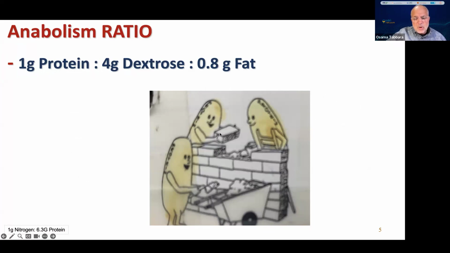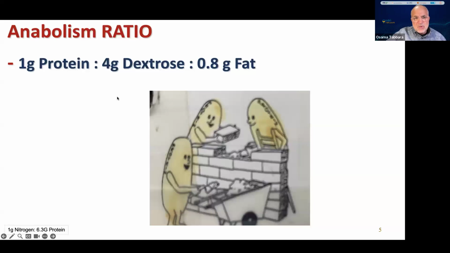You know, TPN or parenteral nutrition is all about anabolism. It's very similar to civil engineering, where we need the stones, we need the calories, which is the labor, and we need the fat, which is the finishing, the cell wall, etc. This magic ratio tells us that for every stone, or every nitrogen, or every 1 gram of protein building block, we need 4 gram of labor or 4 gram of dextrose and 0.8 gram of labor from lipid, which is equivalent to synthesizing an amazing cell mass.